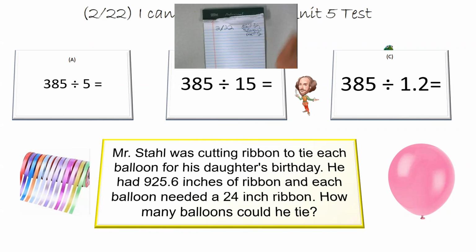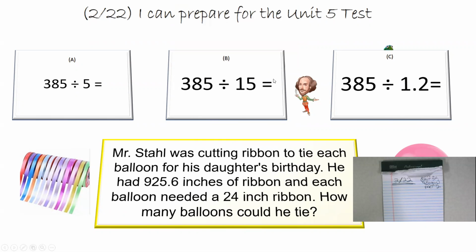Unit 5 review, Part 2. We're in February 22nd, focusing more on your test. We have just your normal division problem. You have a division problem with a double-digit divisor, and then you have a division problem with a decimal.